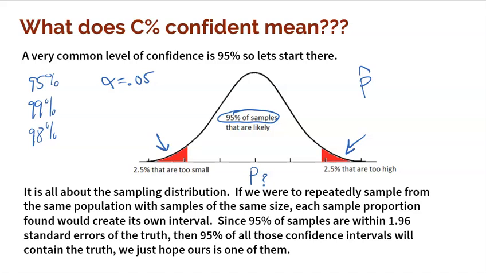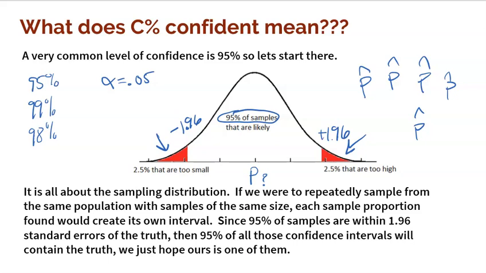The idea is, if we were to repeatedly look at samples, p-hat after p-hat after p-hat, what we know is that 95% of all those samples will be in this middle interval. Now, remember what that means. If we want to be 95% confident, that's from negative 1.96 standard deviations to positive 1.96 standard deviations. So anywhere in that range is the middle, or the most likely 95% of samples.